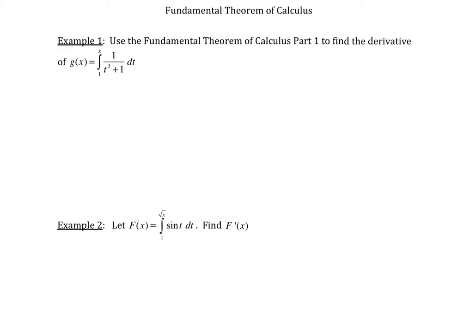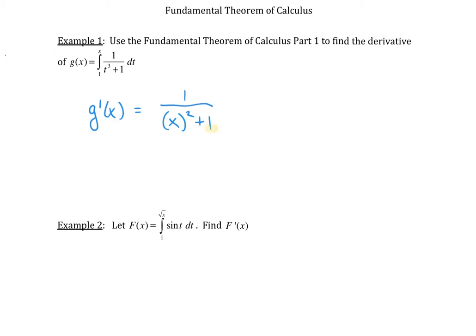So g prime of x is just going to be the inside, 1 over something squared plus 1, and then we just simply replace that t with our independent variable x, and that's it. That's our final answer. Pretty simple, right?